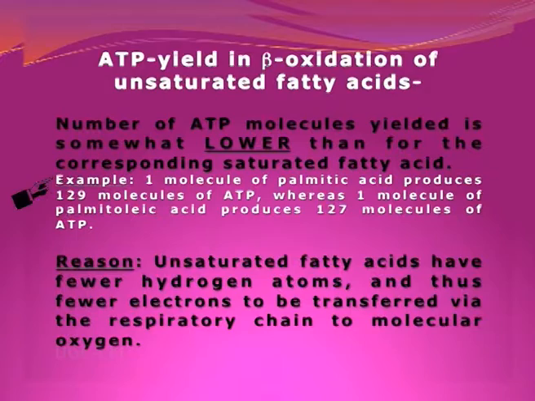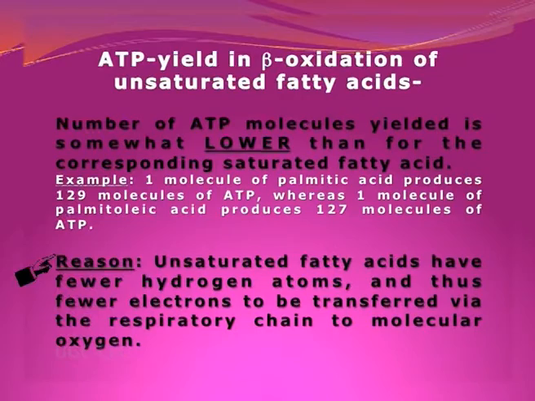Coming to the ATP yield in the beta oxidation of unsaturated fatty acids, the ATP yield or the energy cost is much less in comparison to the beta oxidation of saturated fatty acids. Why is this so? Because there are fewer hydrogen atoms present in the unsaturated fatty acids.